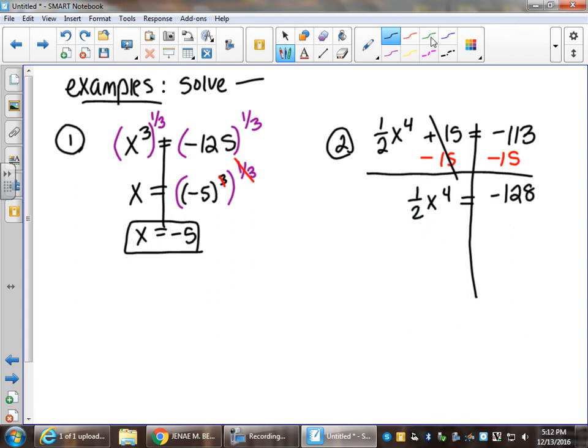Now, to take care of this 1/2, we can multiply both sides by 2 because 2 times 1/2 is 1. So now we are left with x to the 4th, which is our goal. We wanted to isolate this term. Negative 128 times 2 is what? If you're using your calculator, type in negative 128 times 2, and we should get negative 256.